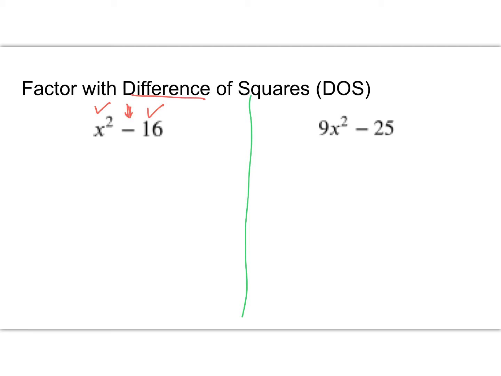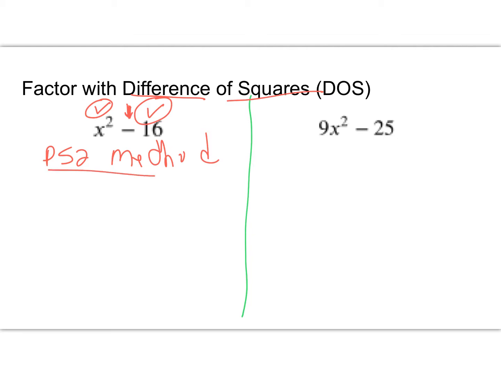Difference means to subtract, of squares meaning the two pieces here are perfect squares. So when we do something like this, I usually teach this two different ways. Now the first way I'm going to show you is using the PS2 method.